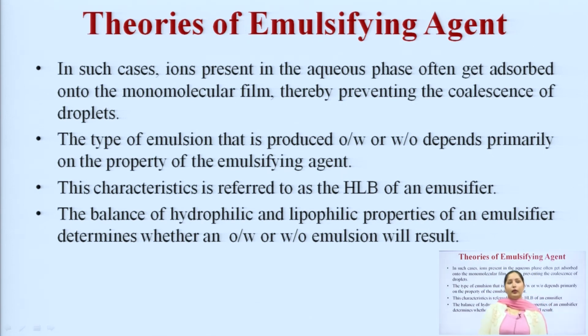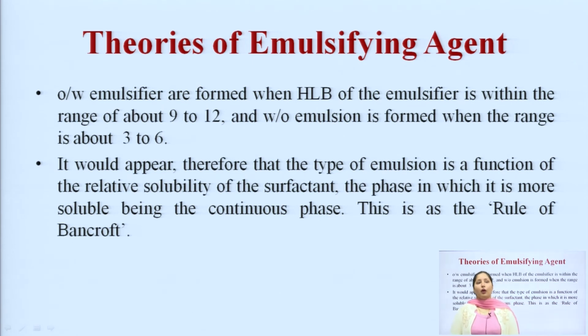The balance of hydrophilic and lipophilic properties of an emulsifier determines whether an oil in water or water in oil emulsion will result. Oil in water emulsions are formed when the HLB of the emulsifier is within the range of 9 to 12, and water in oil emulsion is formed when the range is about 3 to 6.